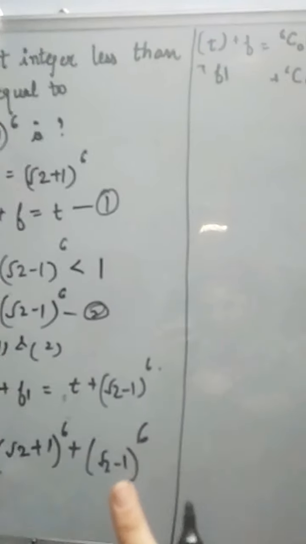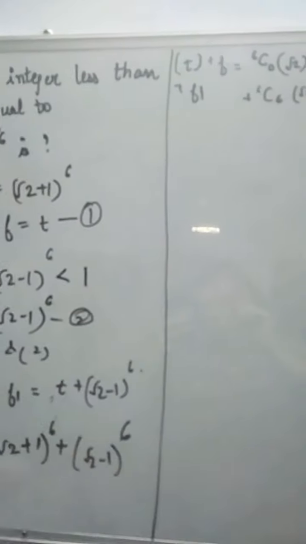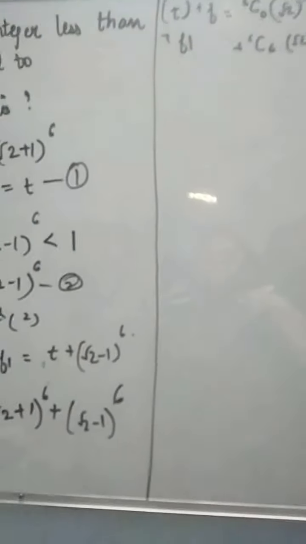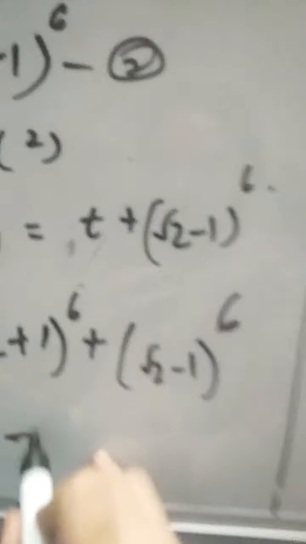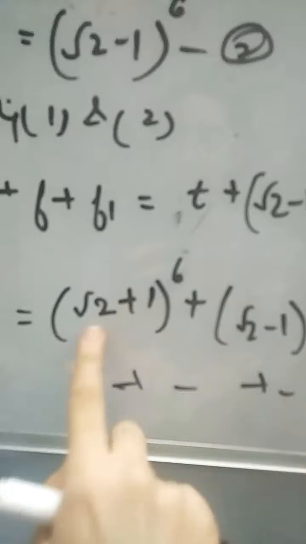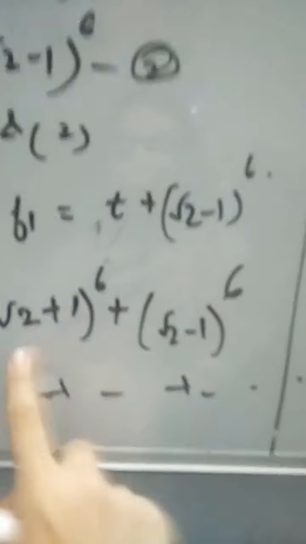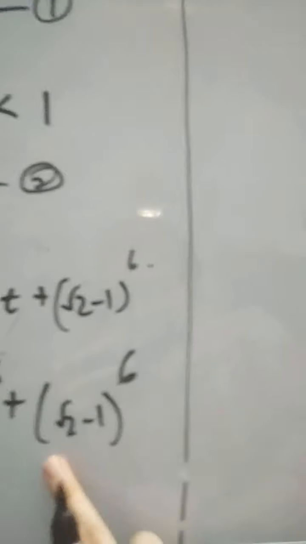Now it's time for (root 2 minus 1) raised to the power 6. Expanding binomially, this minus term has a pattern of plus, minus, plus, minus, plus, minus, and the a and b parts in both the terms are the same, so we can cancel them out. Let's see how.